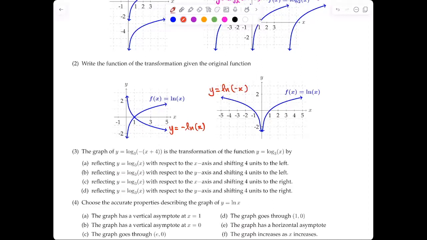Good, so two transformations. So what should we choose here? Reflecting with respect to the y-axis and shifting it 4 units to the left. So B is the choice. Any questions?